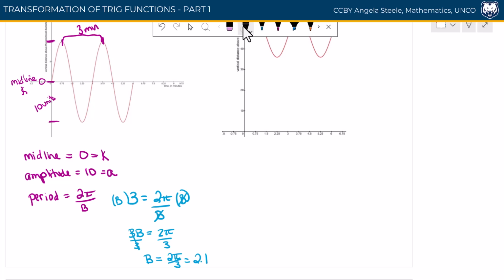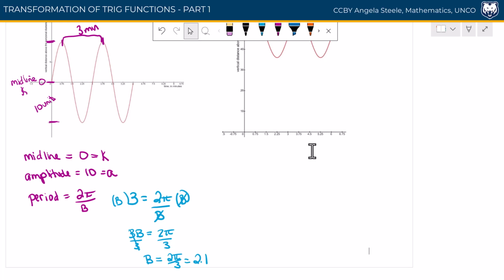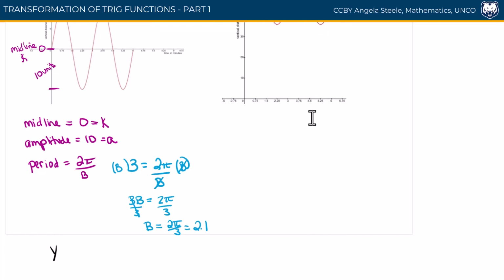All right, so once we have all of these values, the midline, the amplitude, and the period, we can go ahead and plug them into our equation. Okay, so now we have the midline, the amplitude, and the b value. We can plug those into our function. So our function was a sine of bt plus k, so now we can plug those in.